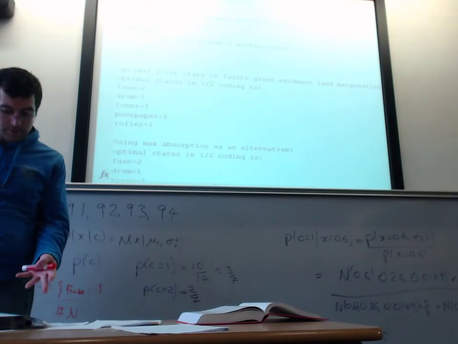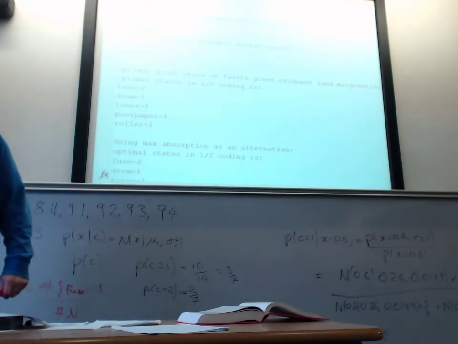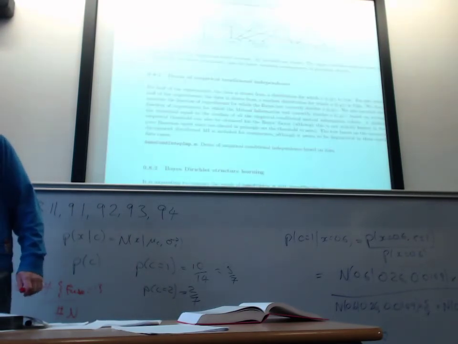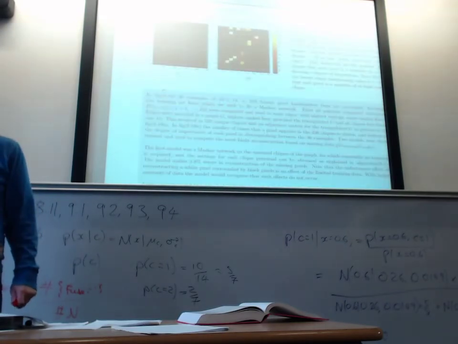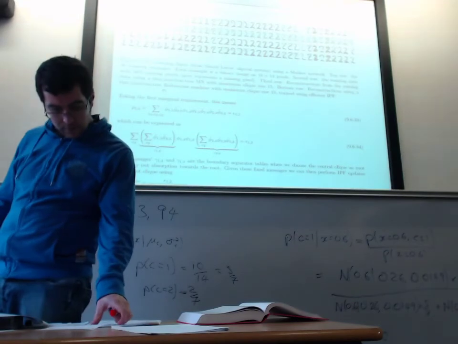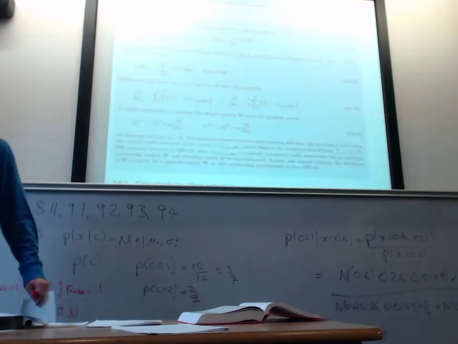Part 3 of the question says, repeat the above calculation using a Bayesian method in which a beta flat prior is used on the tables. What I would recommend for this is that you read in the book section 9.4.2 in order to understand this properly.